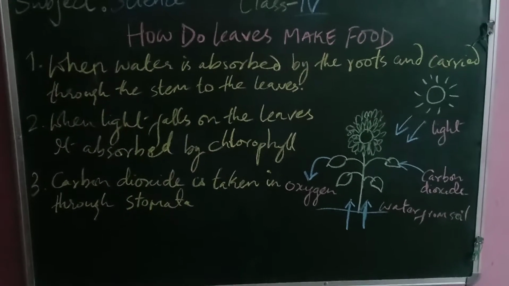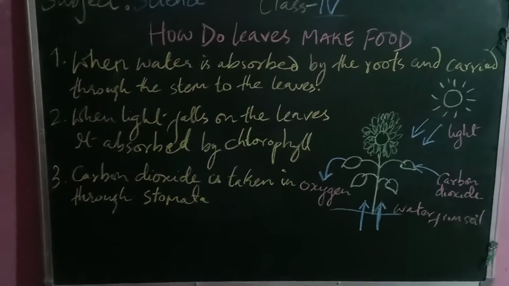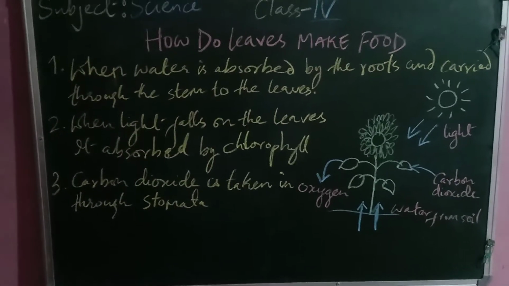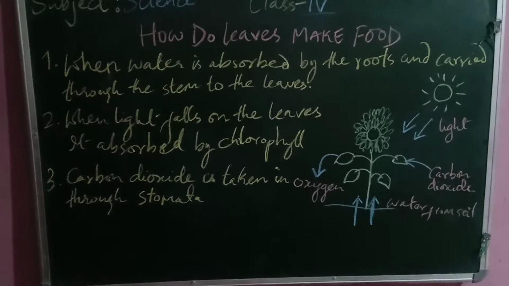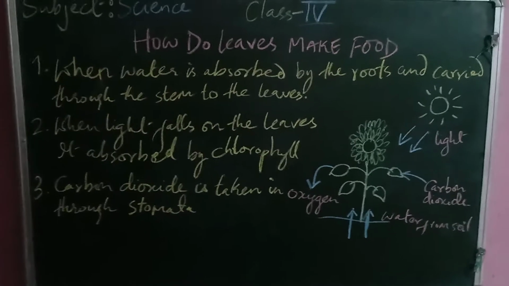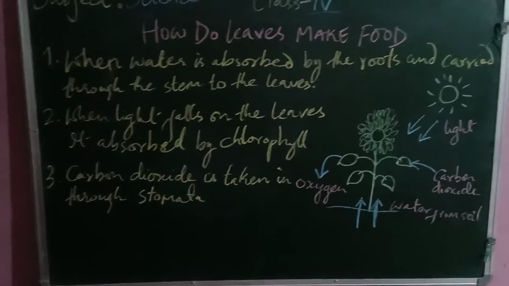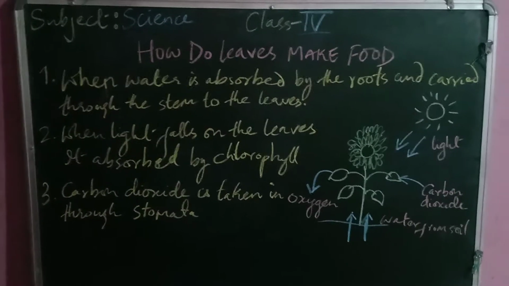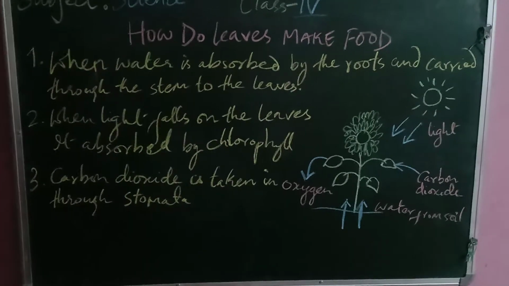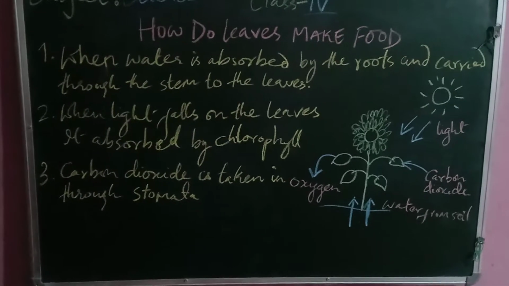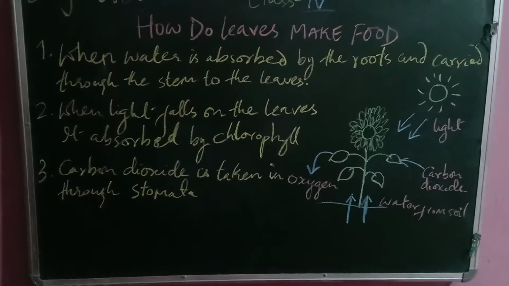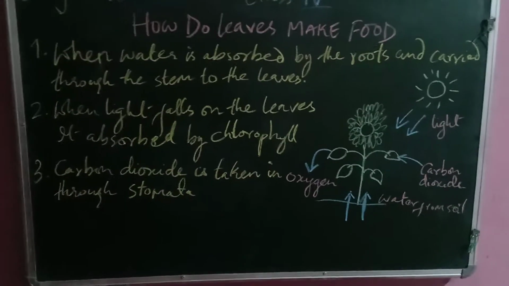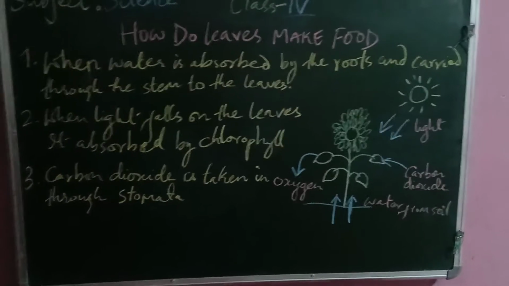The first thing is that water is absorbed by the roots and carried through the stem to the leaves. Then when the light falls on the leaves, it is absorbed by chlorophyll. So the green portion of the plant absorbs the sunlight.